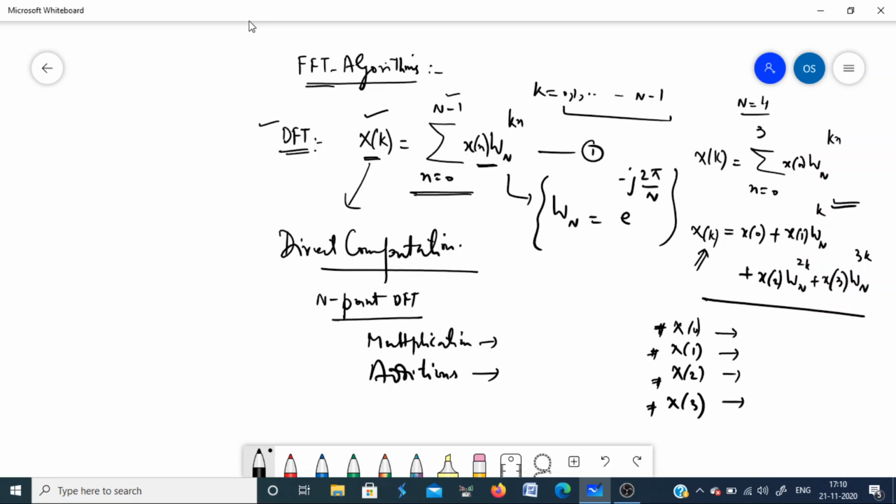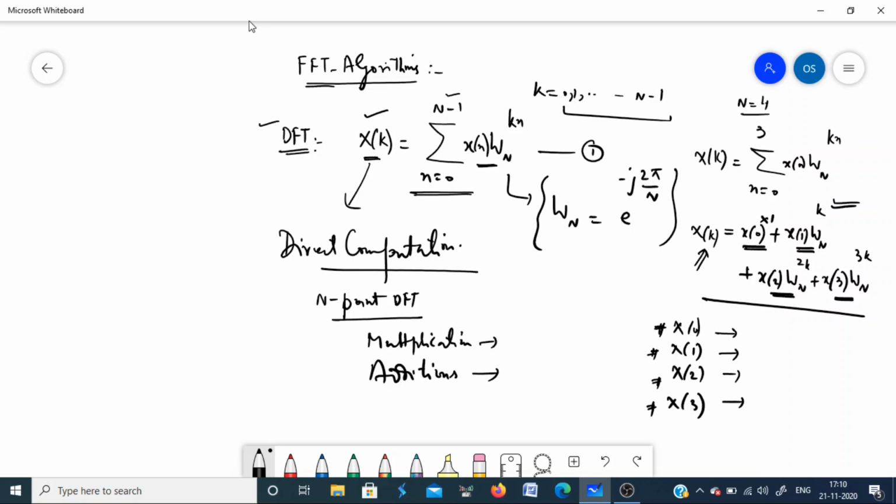So for finding a single sample of DFT, how many multiplications are required? This is 1, this is 2, this is 3, this is 4. Of course in this case it is multiplied with 1 when n is equal to 0.